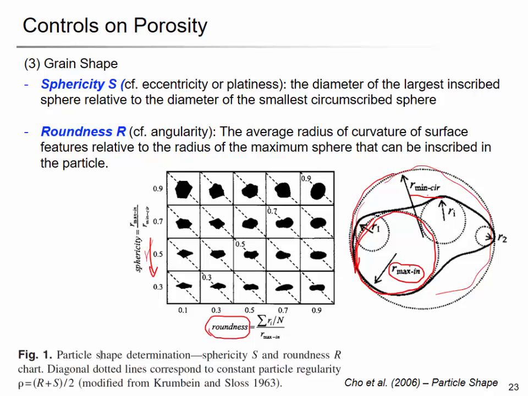And it's also called angularity. So the average radius of curvature of the surface features relative to the radius of the maximum sphere that can be inscribed in the particle. So as you go in this direction, you can see here is more angular and this is more round, right? Angular and more round.